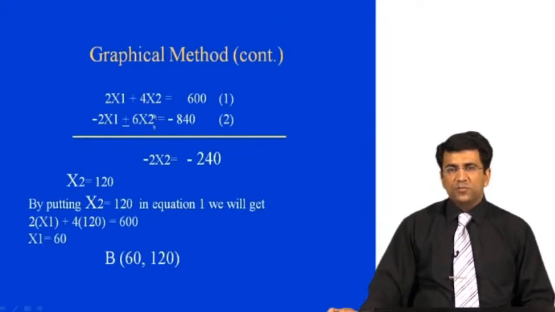If we solve these two equations, we get x2 equal to 120. Putting x2 equal to 120 in either equation, we get the value of x1, and so we find the coordinates of point B as 60 and 120.